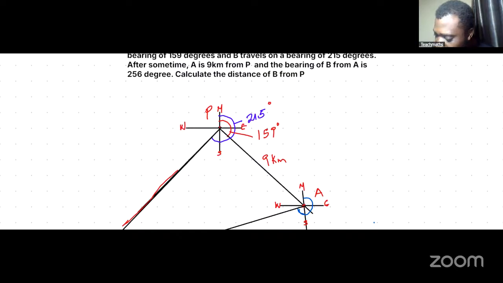And I'm also trying to draw the cardinal points for that point. Now, let me try to make this easy.